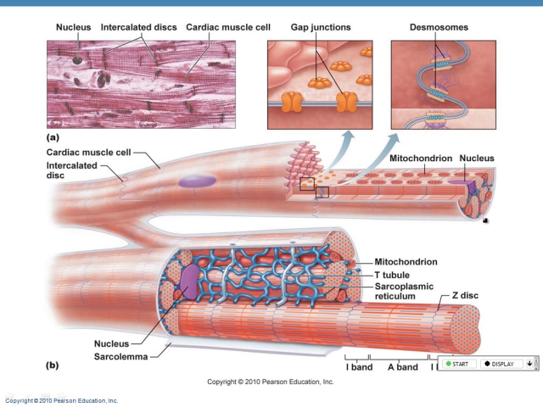We also said they were singular nucleus, not multinucleated like the skeletal muscle cell was. Sometimes we'll find one with 2 nuclei. They're also, are they voluntary or involuntary? Involuntary. Who controls their contraction and relaxation?